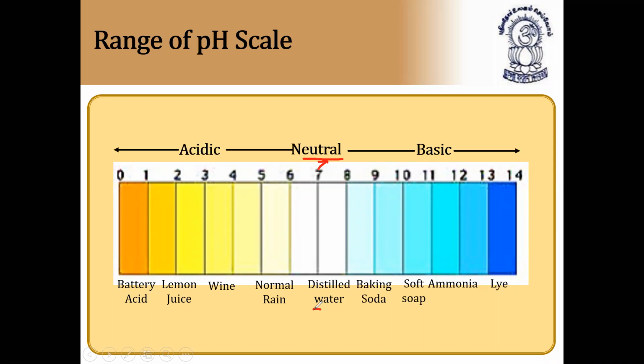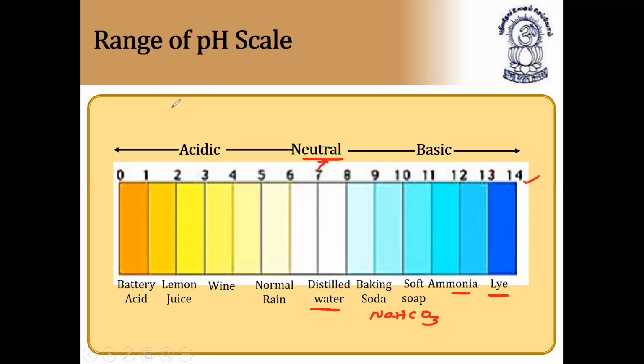This is the pH value of distilled water. This is the pH value of baking soda. Baking soda is sodium bicarbonate, which is a base, and then ammonia, soft soap, and the pH value of ammonia is more, and the pH value of lye. Lye is like Fevicol, which is used for sticking purposes. This is called lye, and the pH value of lye is equal to 14.